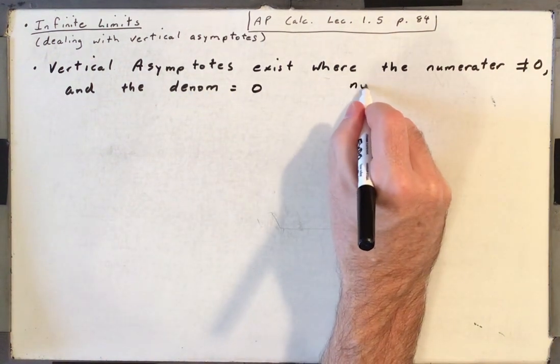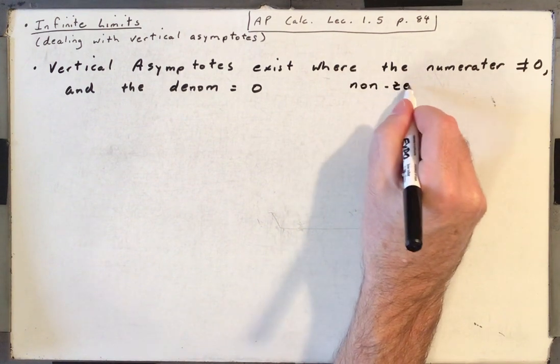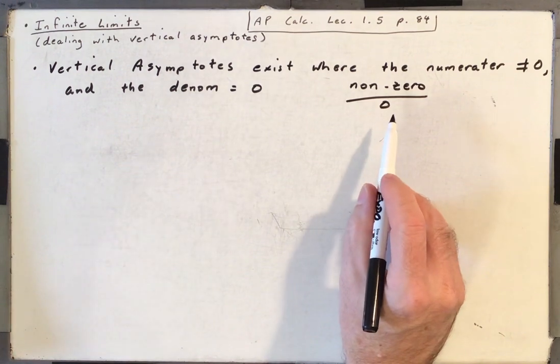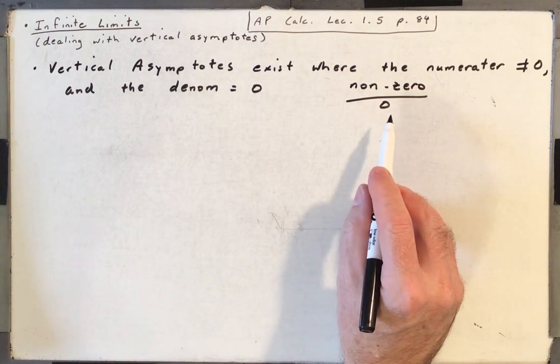So you have the form non-zero over 0. If you have that, you've got a vertical asymptote.